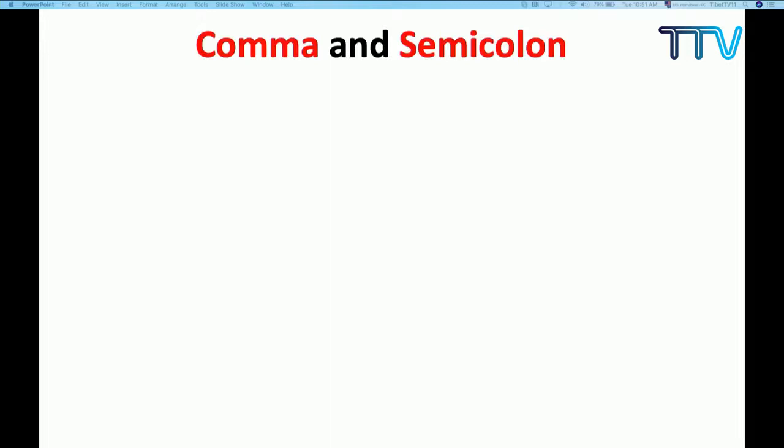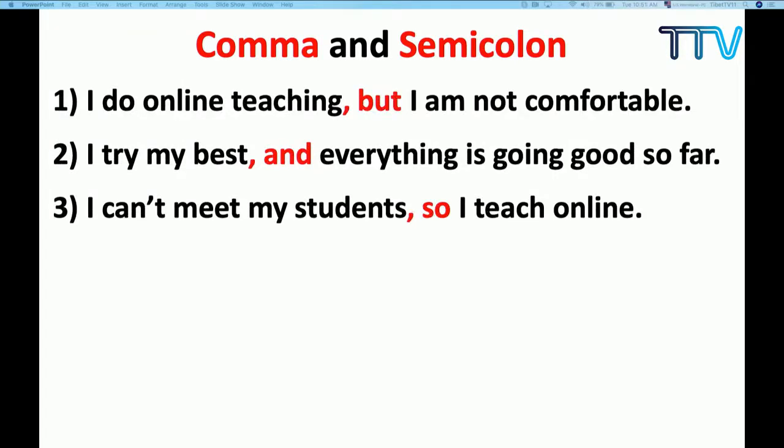Now, when we combine two independent clauses, if we combine two simple sentences in order to make a compound sentence, we make use of a comma and a semicolon. So let us look at this. I do online teaching, but I'm not comfortable.